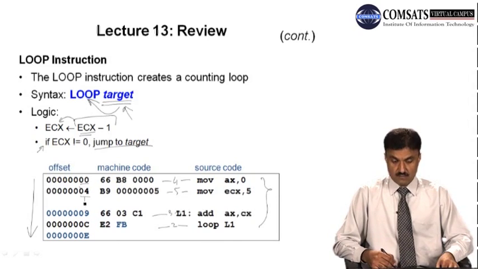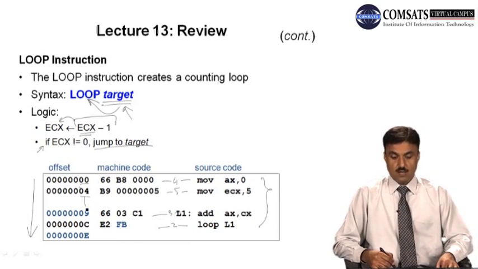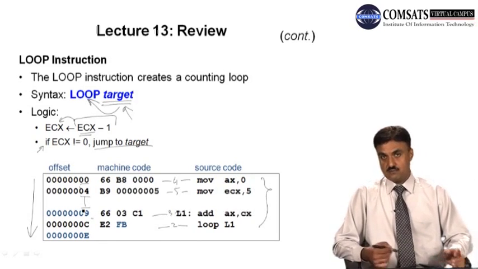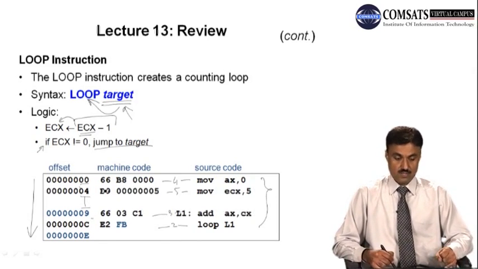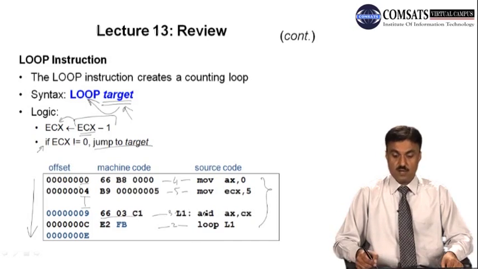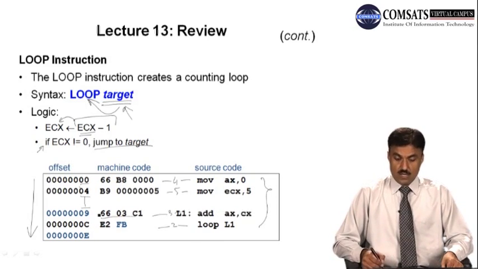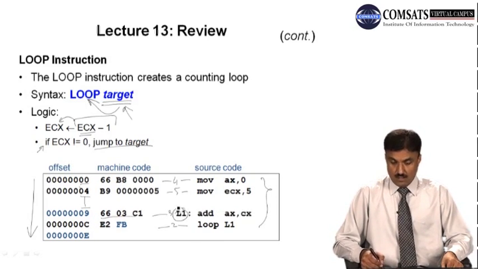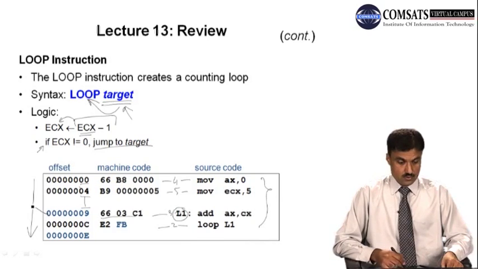After the 5 consecutive bytes assigned to this instruction, the next instruction starts from the 0009 offset. This offset or address depends on which memory access mode we are using, either real or protected and so on. Here 9 is the starting location, and this instruction occupies 3 bytes, so the next instruction's starting address is C. The label is assigned here, or the label shows this offset.